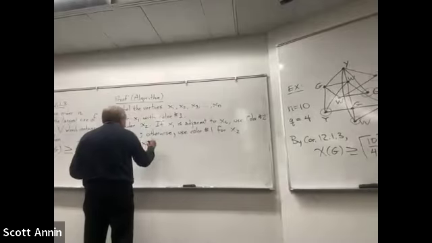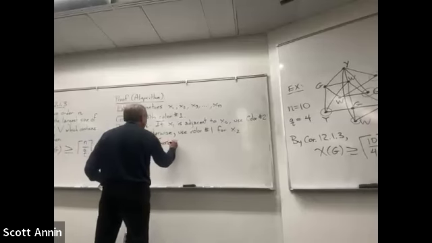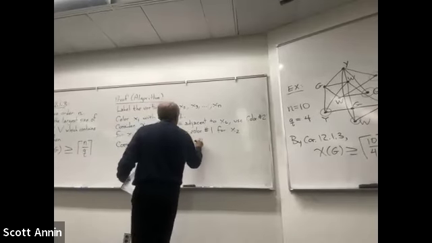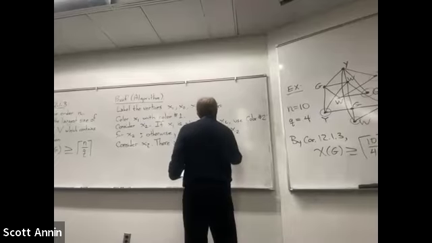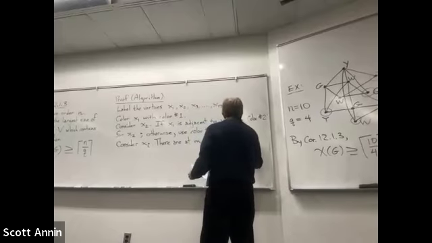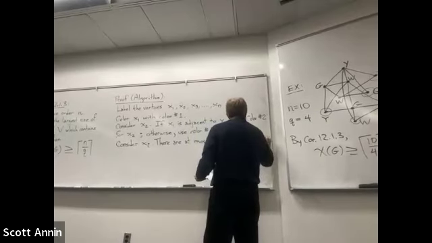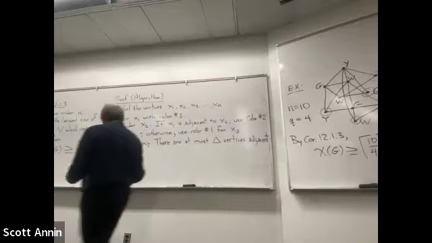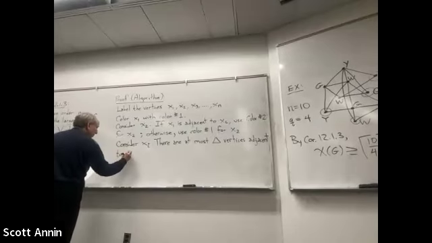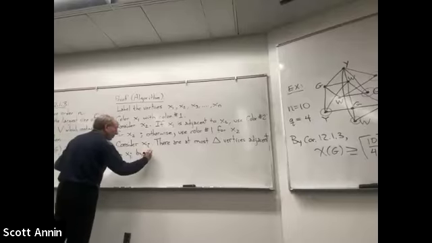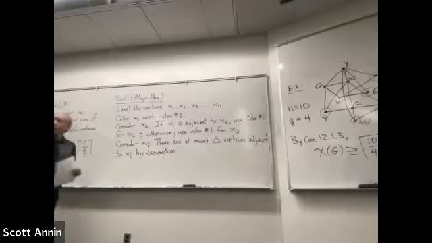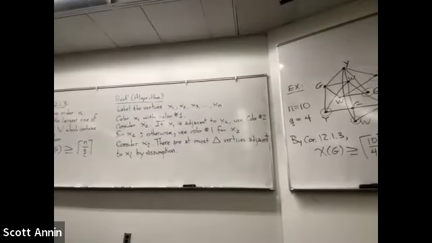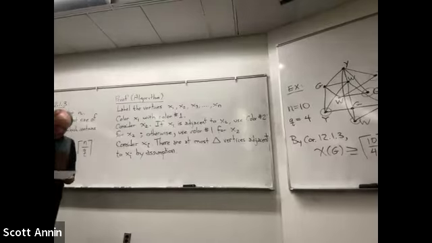For x sub I, there are at most delta vertices adjacent to x sub I by assumption. Yeah, so it's kind of a paragraph. You have to write this one out in words a little bit. By assumption, there are at most delta vertices adjacent.